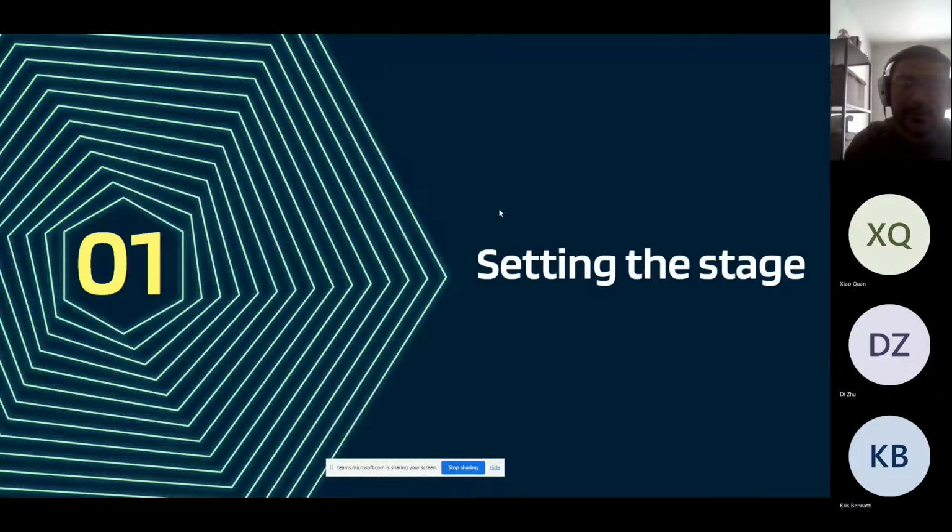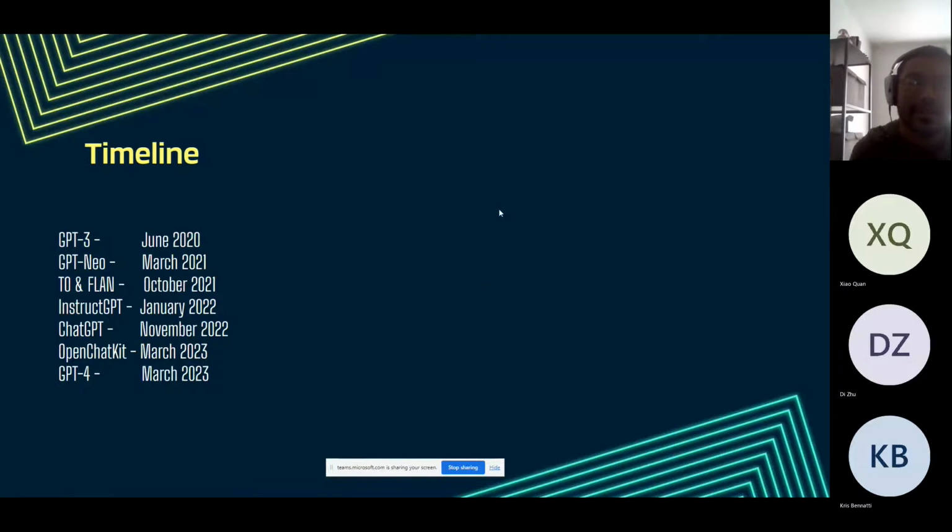So let us start with a timeline, and this is what I personally think are major milestones in this particular field. It all started in June 2020 when GPT-3 came out. As you all remember, there was a lot of hype about it.